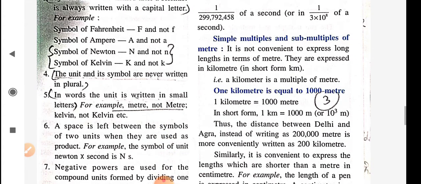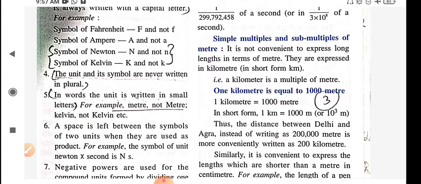Then the fourth point is that the unit and its symbol are never written in plural form. Always it is written in singular form. Then the fifth point is that in words the unit is written in a small letter.